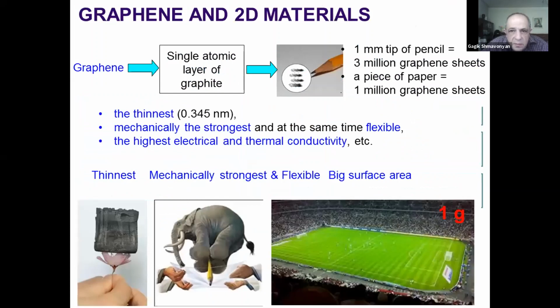The first two-dimensional material which was discovered is graphene, which is the thinnest, mechanically strongest material, with the highest electrical and thermal conductivity. It is a single atomic layer of graphite. A 1 millimeter tip of pencil is equal to 3 million graphene sheets, and a piece of paper is equal to 1 million graphene sheets.